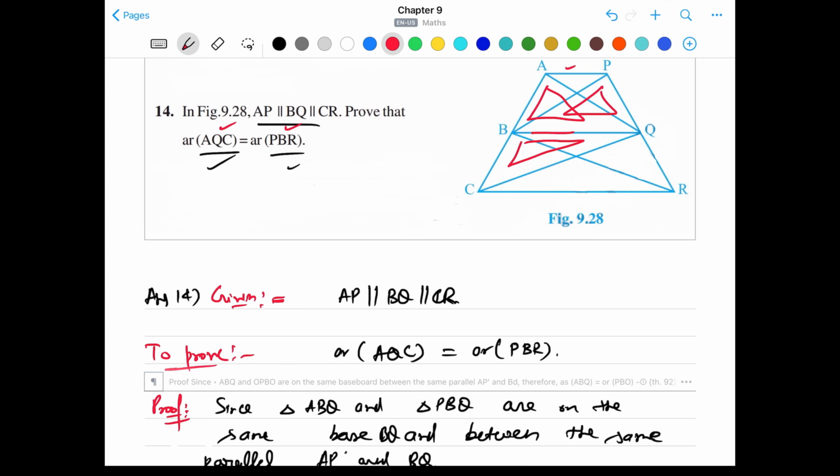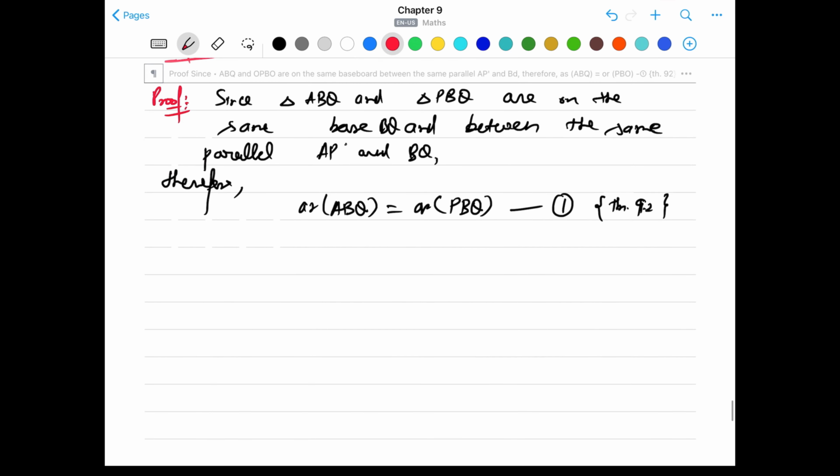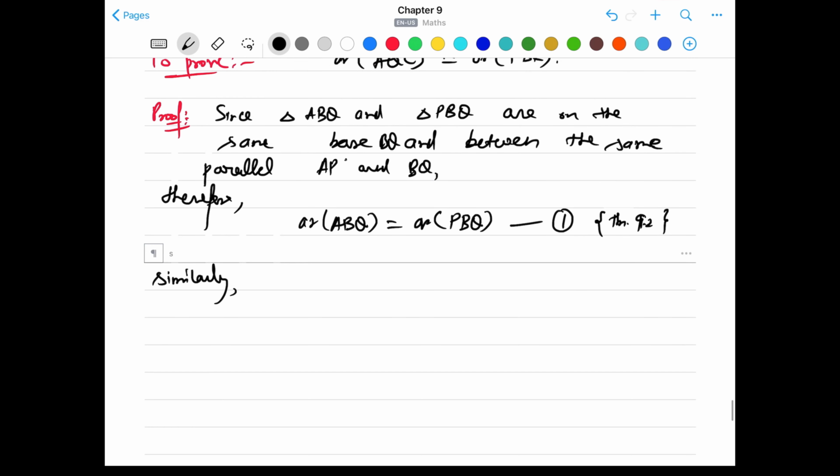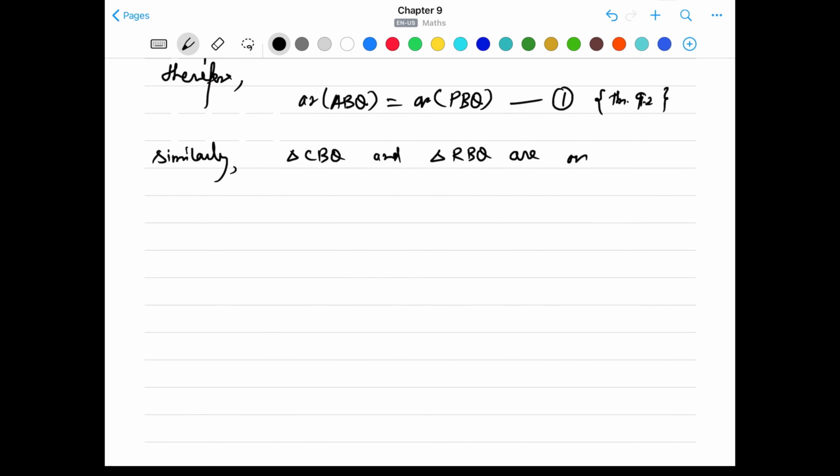Okay, in a similar way, now what we're going to do is we will take these bottom triangles, triangle CBQ and triangle RBQ. Again these two triangles are on the same base BQ and between the same parallel BQ and CR, so their areas will also be equal. Okay, so we'll write similarly: triangle CBQ and triangle RBQ are on the same base.